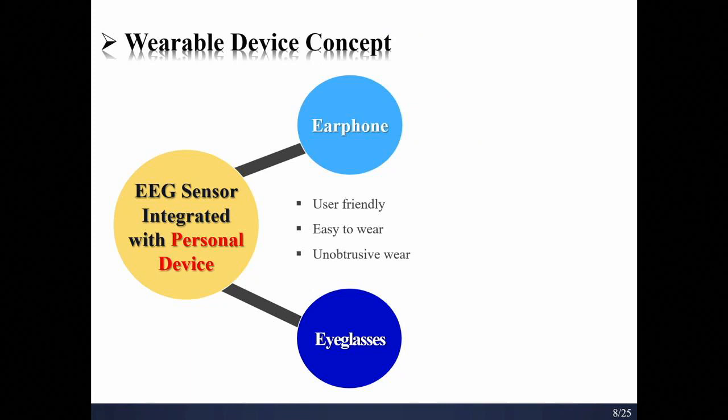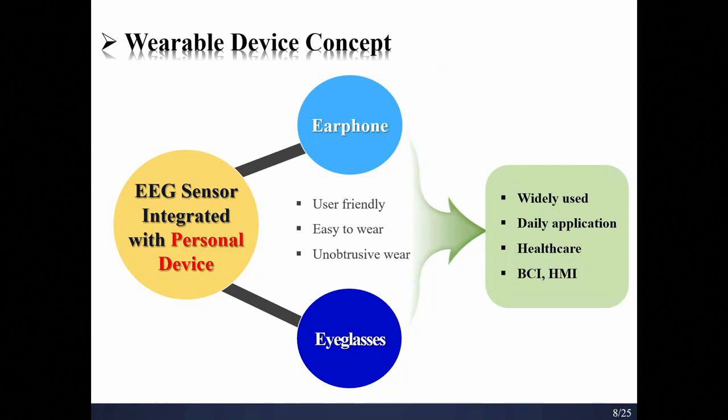They have advantages of being user-friendly, easy to wear, and unobtrusive in our daily life. With these advantages, we can widely use this kind of wearable device in daily applications in healthcare areas such as BCI and human-machine interface and brain-computer interface.